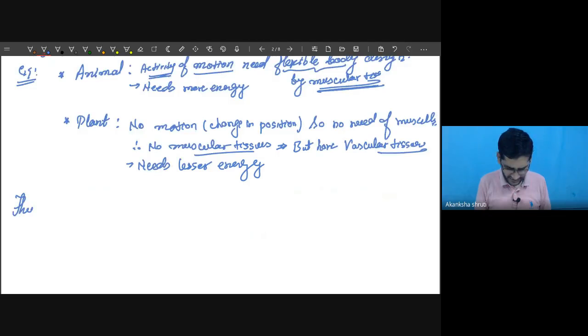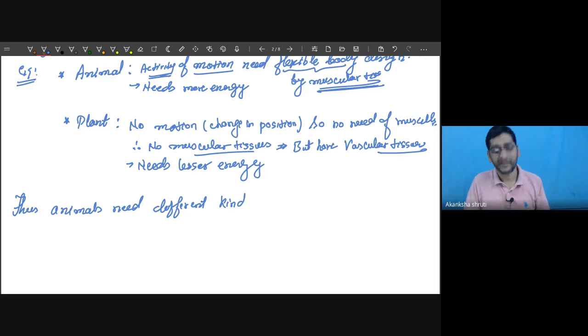So thus, animal needs different kind of tissues than in plant.